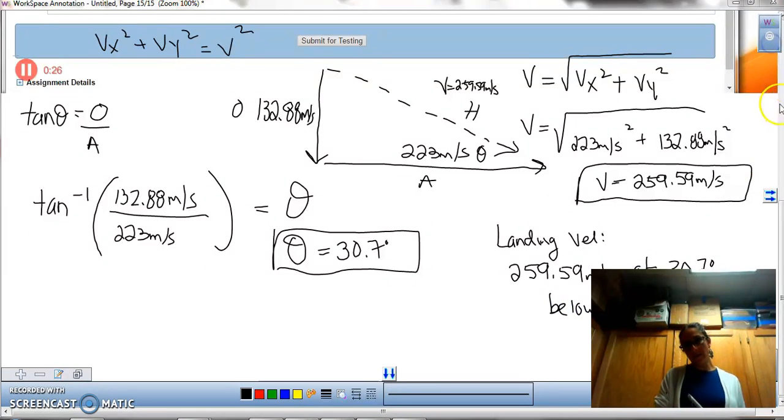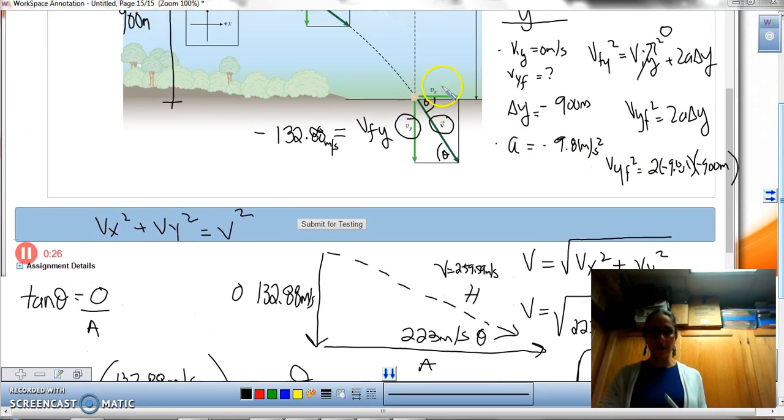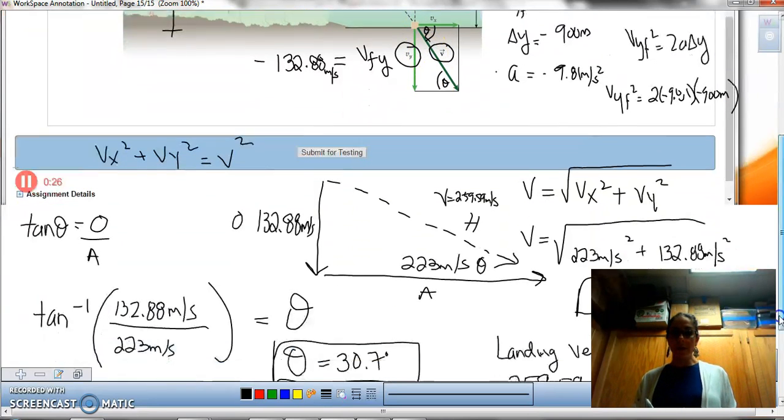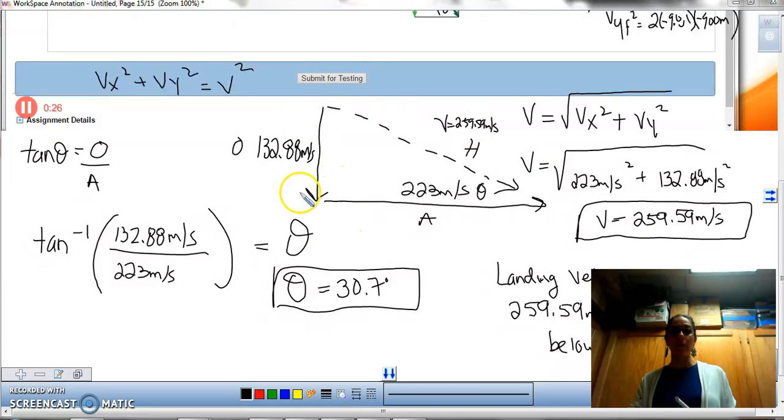Now, the reason why I write it below the horizontal like that is to represent where I'm taking the angle. So notice that I'm taking the angle from here. 30 degrees above would be a whole different type of problem, so that's why it is important that you specify where you do it from. So that would be the landing velocity. So we have to use a little bit of trig in a triangle to solve that out.